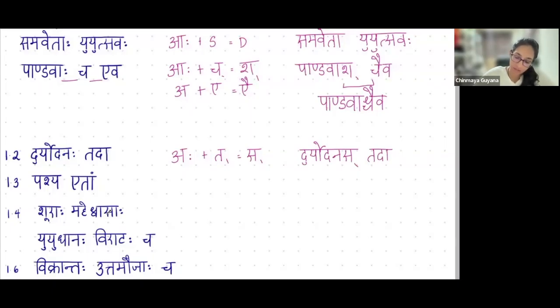Now see, this sa halant is meeting a consonant, so you have to join the words. So how do you now write sa halant plus ta? The stick is going to go from the sa halant and it's going to stick to the ta. Duryodhanas tada is what it becomes.